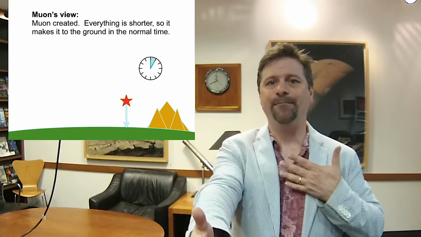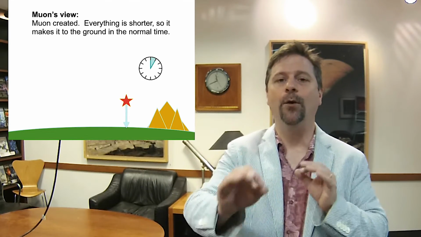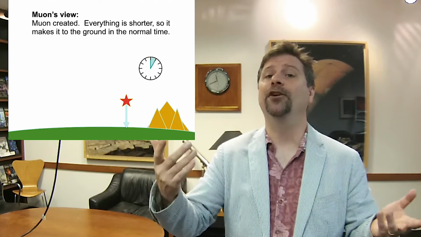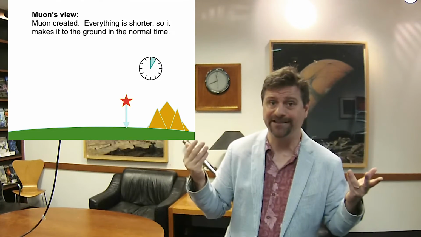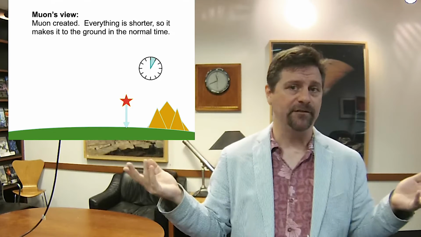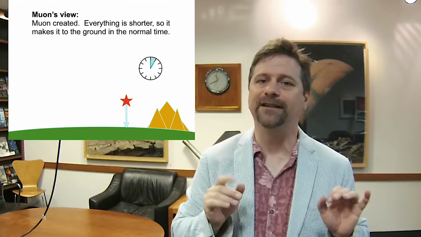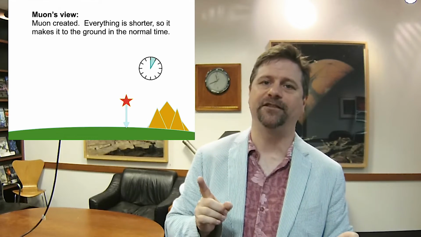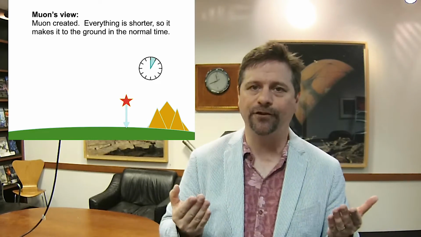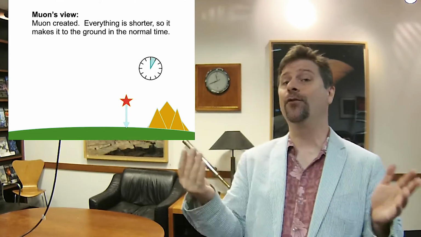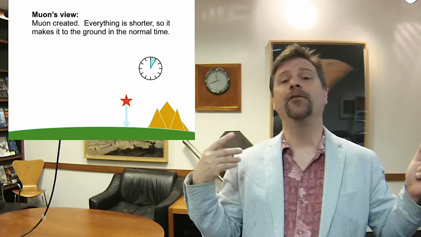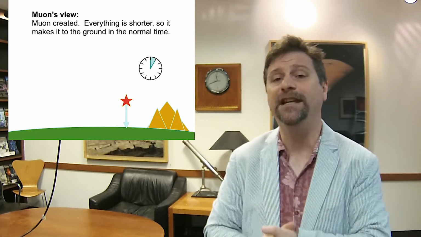But that microsecond, because the Earth appears to be rushing towards it, it says, I'm at rest in my reference frame. So the Earth is rushing towards it. That's relativity, the first postulate of special relativity. Since the Earth is rushing so fast towards the muon, the distance between where it was born and where it hits the Earth is only about 500 meters. So that's an amazing set of things.